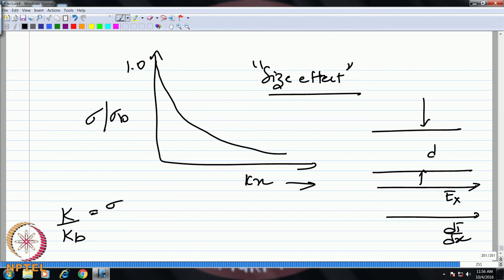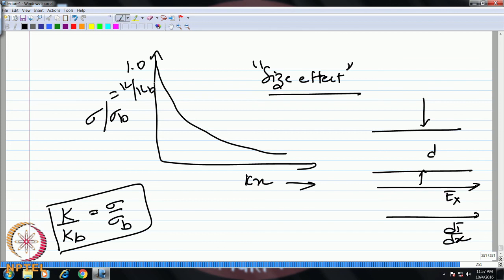It turns out to be a similar expression to sigma by sigma b. You can do this as an exercise. In this case, you do not have any electric field, you have only a temperature gradient. Follow the same steps: instead of electron charge flux, you replace this with heat flux, and you will end up with an expression identical to sigma by sigma b. So, you have a similar size effect for thermal conductivity.